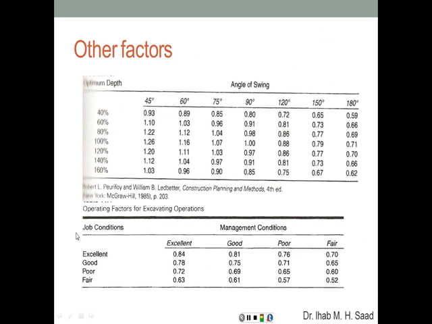Job conditions depend on how graded the site is, whether you don't have too many obstacles, whether the equipment is in good condition, and so on. These are things that we can't control. So we have another modifying factor based on the management conditions and the job conditions. For good job conditions and good management conditions, we get, for example, a factor of 75%.